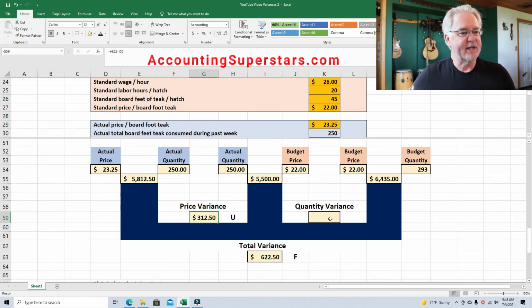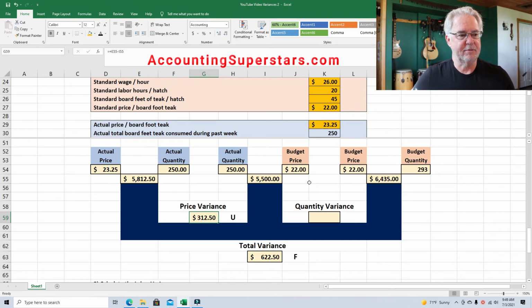So quantity variance. Let's compare these two numbers. Now on the right, we have the budget, and in the middle here, we've got an actual number. So for now, consider the right budget and the middle actual.